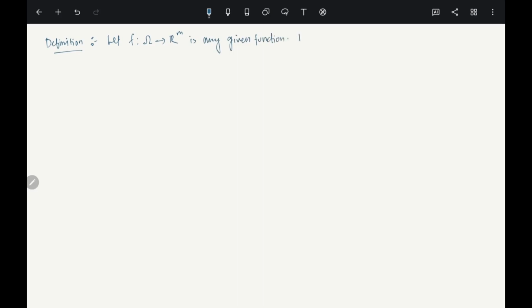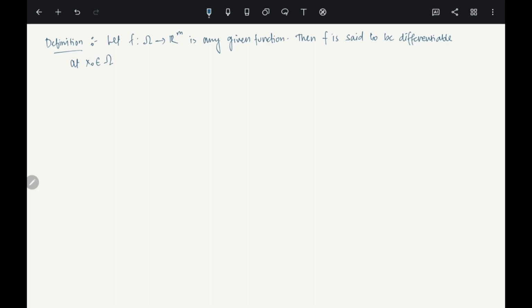Then f is said to be differentiable at the point x0, where x0 is any element in omega. Here omega being open is important because we are looking at a neighborhood of x0, and that neighborhood exists because omega is open.